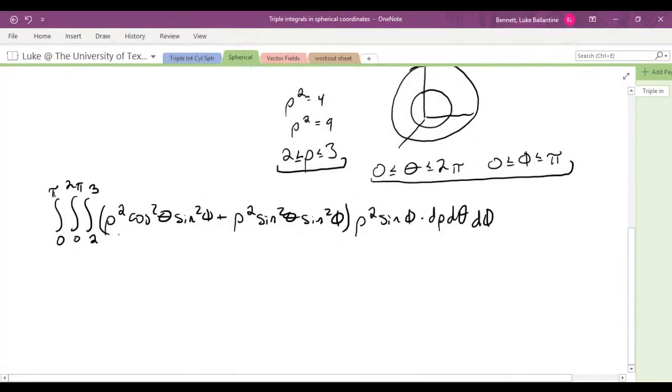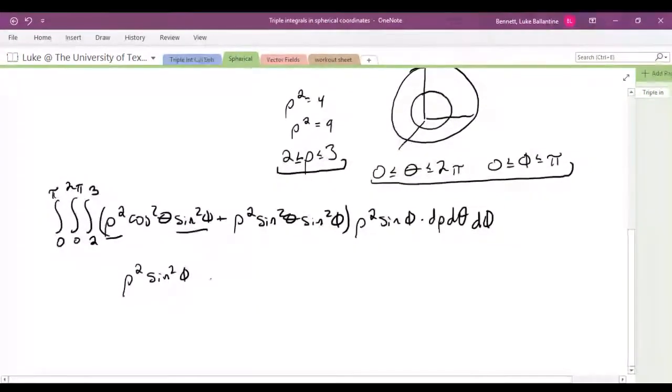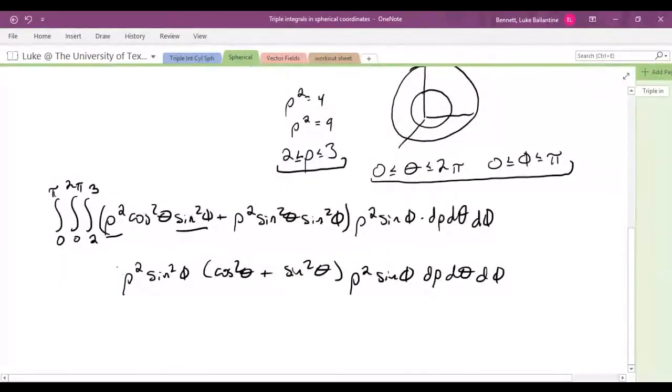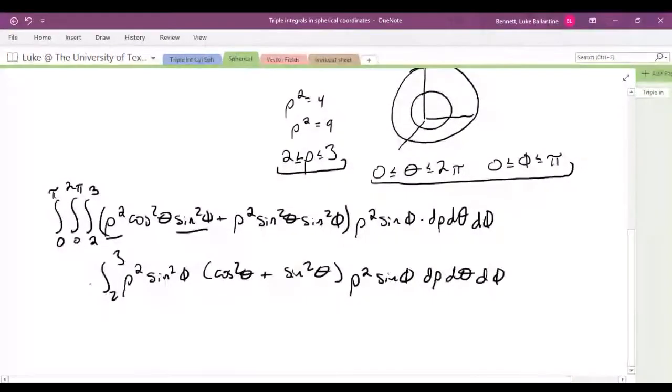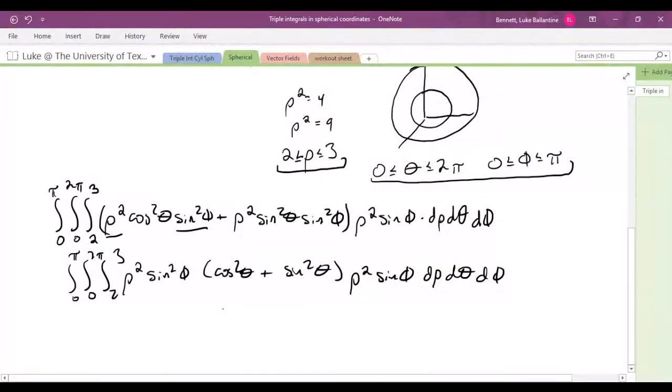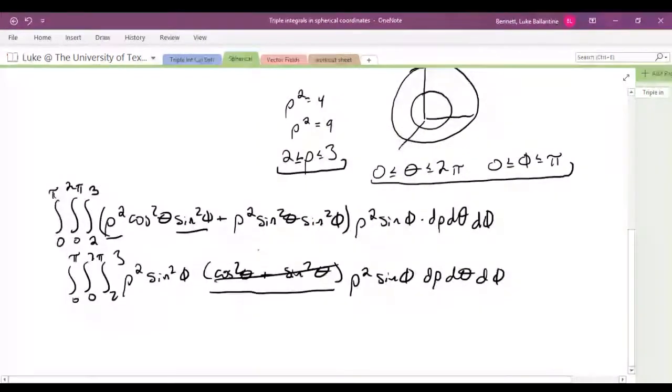Okay, so we can factor out a rho squared sine squared phi from the integrand. So we have rho squared sine squared phi times cosine squared theta plus sine squared theta, times rho squared sine phi d rho d theta d phi. 2 to 3, 0 to 2 pi, 0 to pi. Well, cosine squared plus sine squared is just 1.